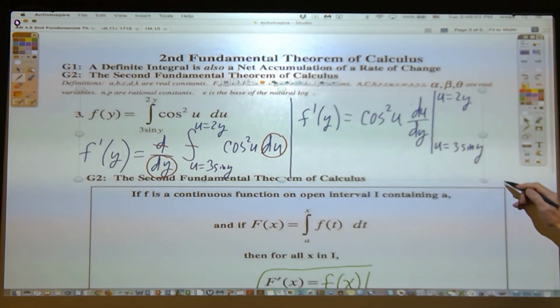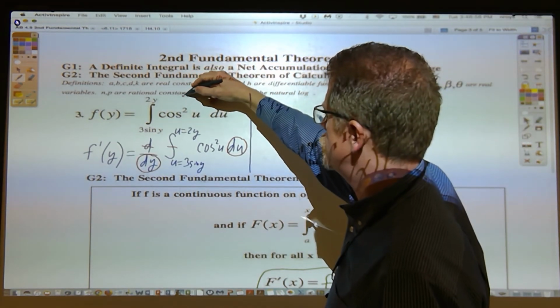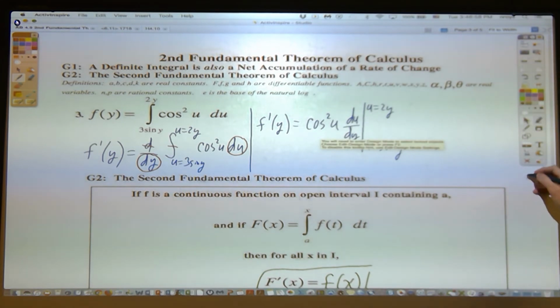Shrinking things down just a tad, and now it's time to draw the arrows.